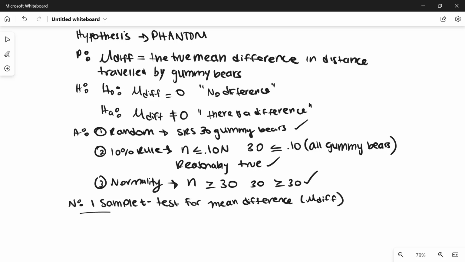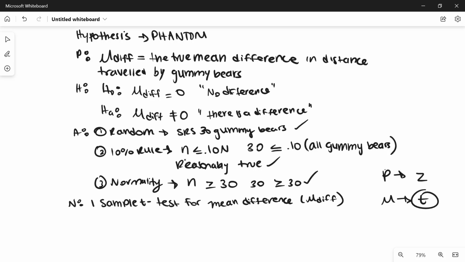Again, we only have one sample, because we only took 30 from one bag. And we're doing a t-test because we're working with means. When we're working with proportions, we use z. When we're working with means, we use t.